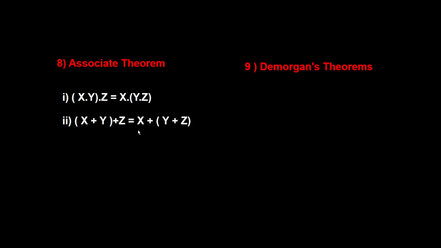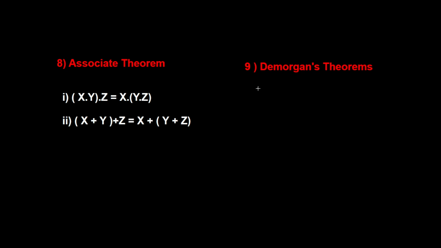Number 8, associative theorem, which is x dot y dot z equals, you can write like this, x dot (y dot z), or (x plus y) plus z equals x plus (y plus z). Next, come to the last one, which is DeMorgan theorem, and this is very important in Boolean algebra.